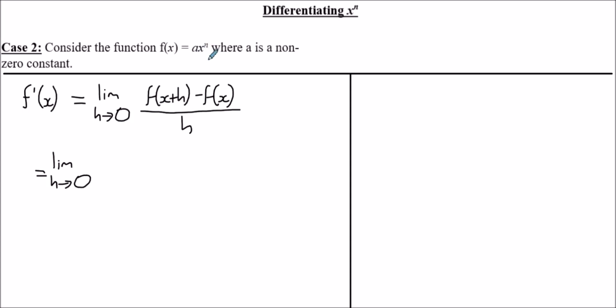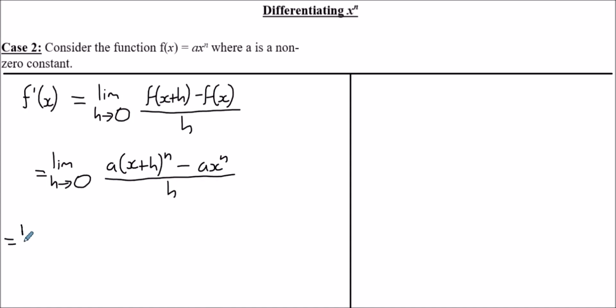And so what we're going to have here is a multiplying this whole expansion. And so f of x plus h will simply be a times x plus h to the power n. Then we'll have over here minus f of x, minus a x to the power n, all over h.